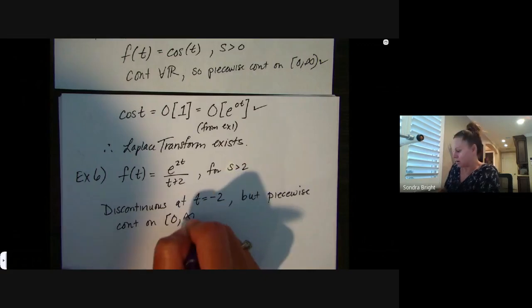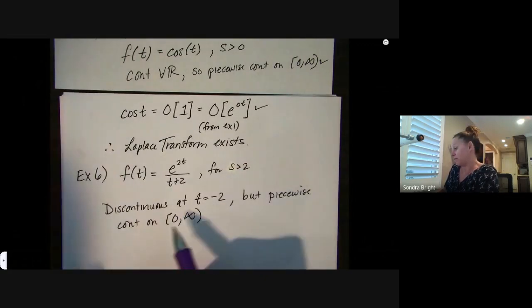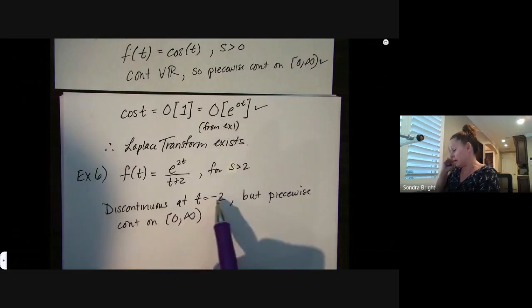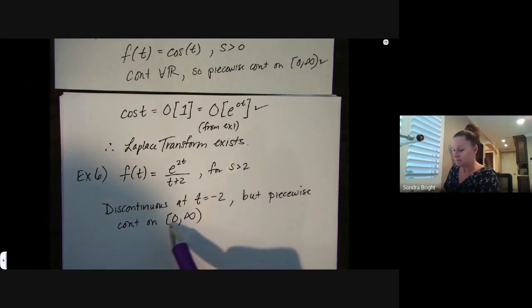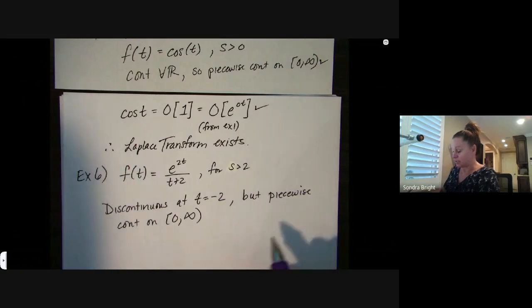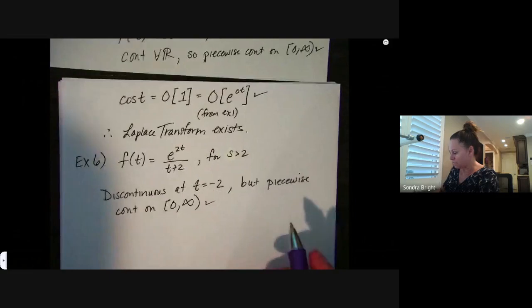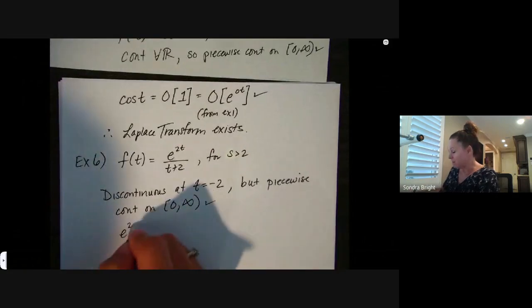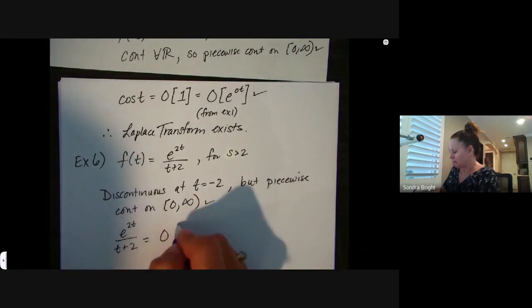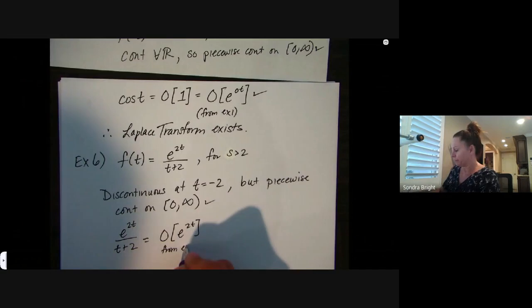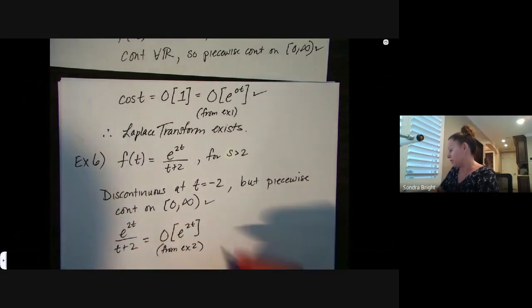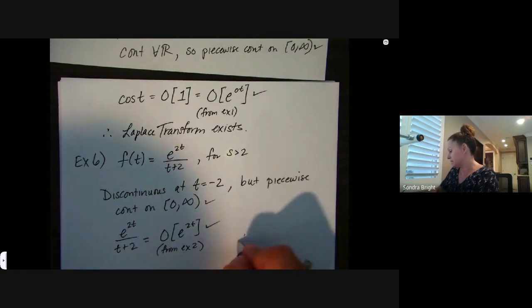So our asymptote is at -2, but on this interval from 0 to infinity, it's definitely continuous. All right. The other thing we've got to do is say that it's of exponential order, and e to the 2t over t plus 2 is, from example 2, of the order e to the 2t. So therefore, the Laplace transform exists.